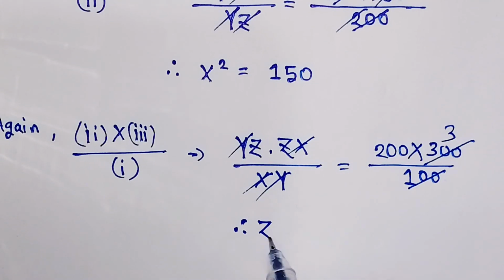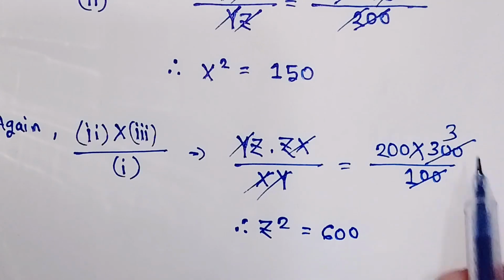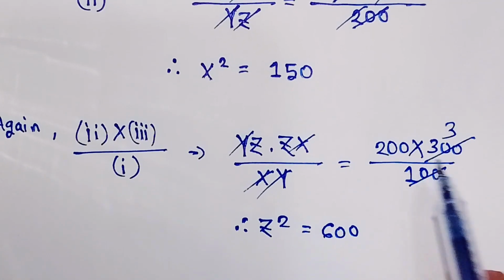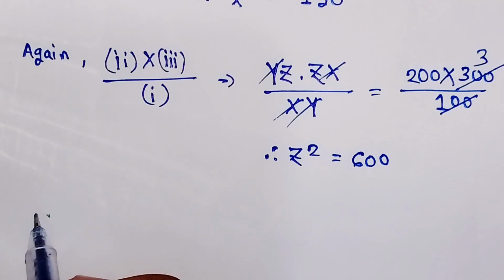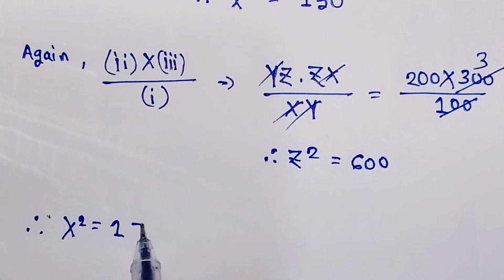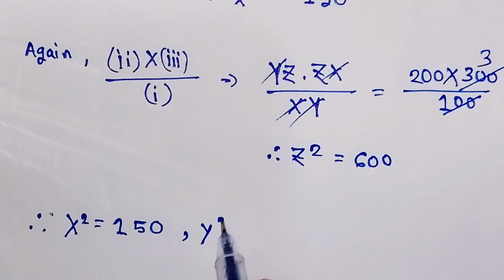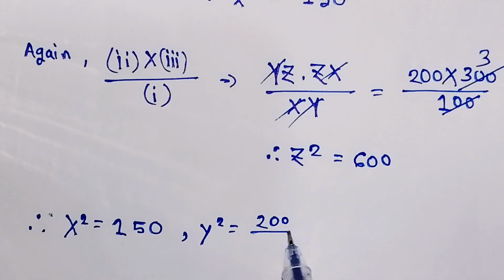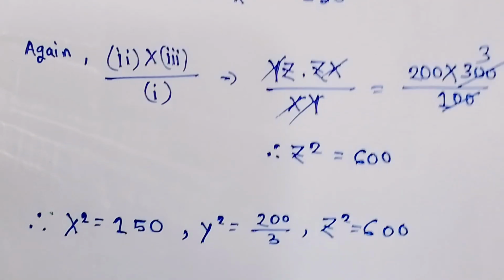From here we'll get z square equals 600. This 300 times 200 divided by 100 will be 600. After finishing this we get x square equals 150, y square equals 200 divided by 3, and z square equals 600.